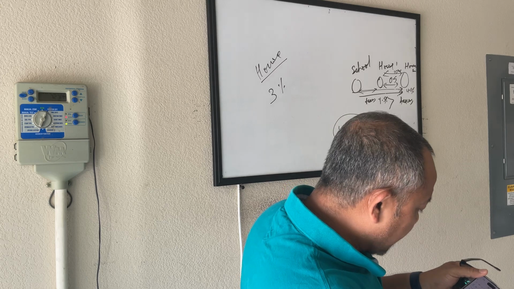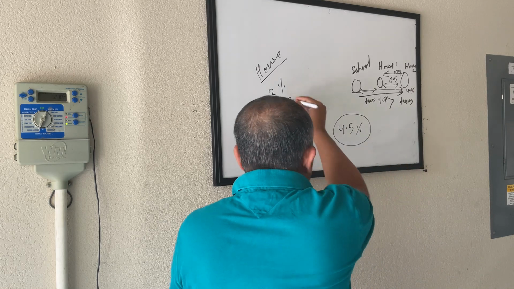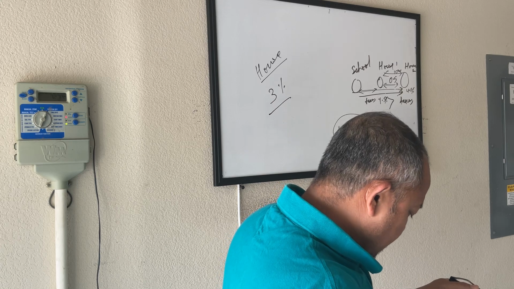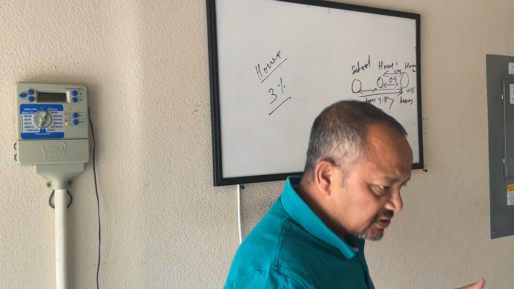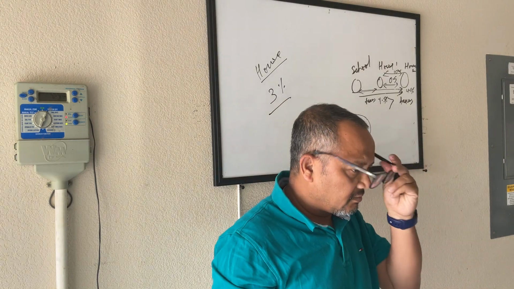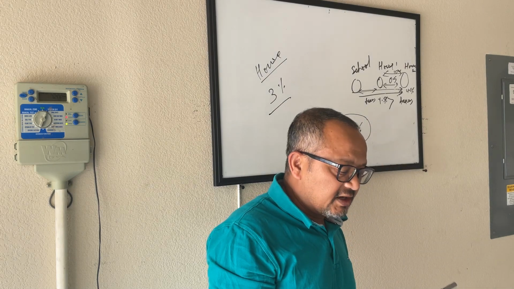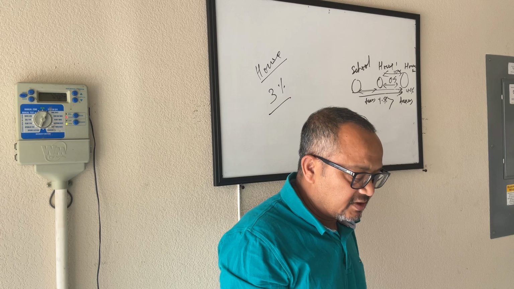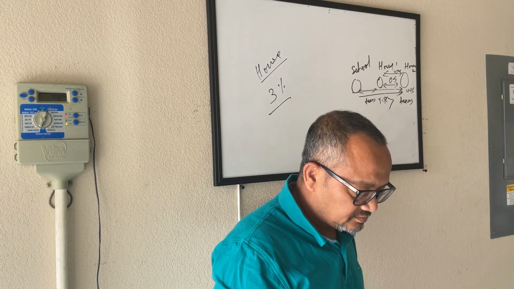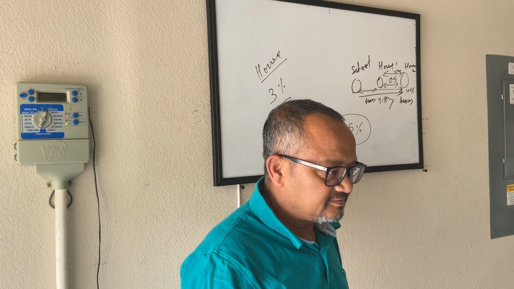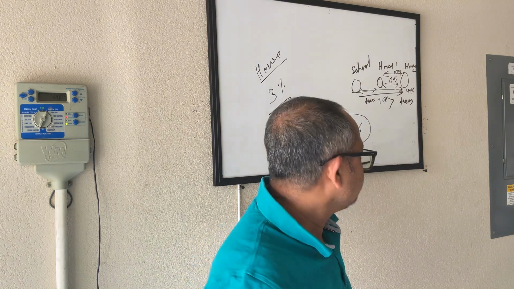If a house's property taxes are 3%, what is the distance of that house from the school? And you have 4 options: 10 miles, 20 miles, 30 miles, 40 miles. What do you guys think? Everybody heard the question, right?